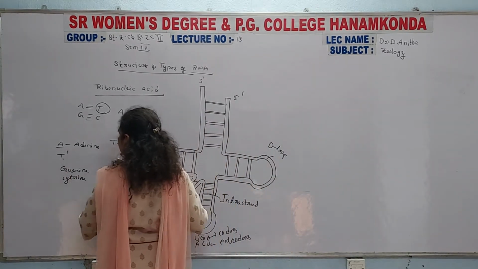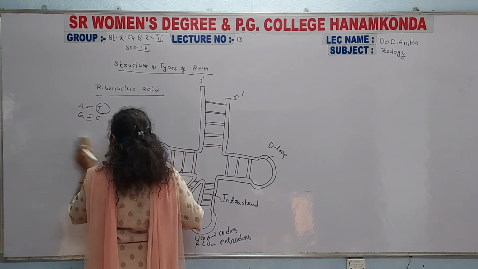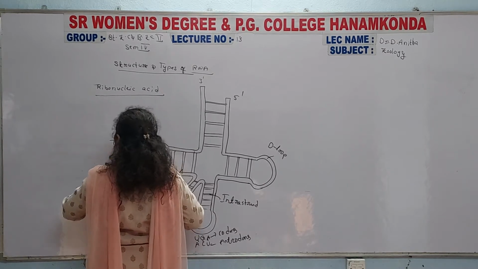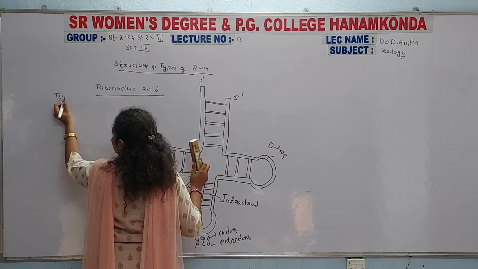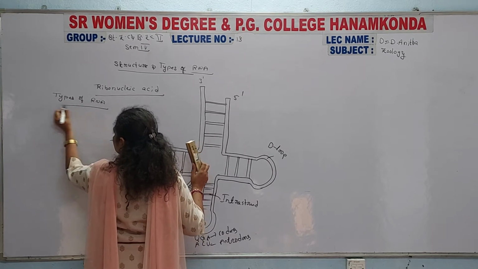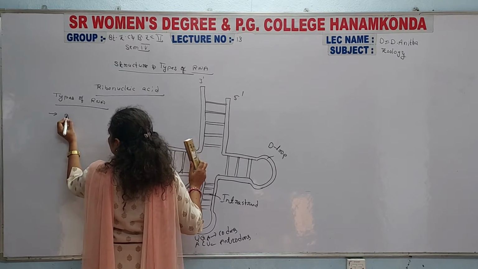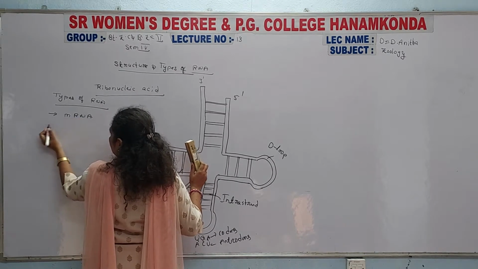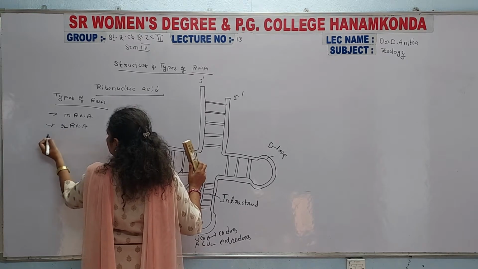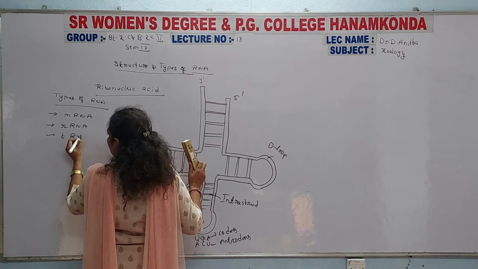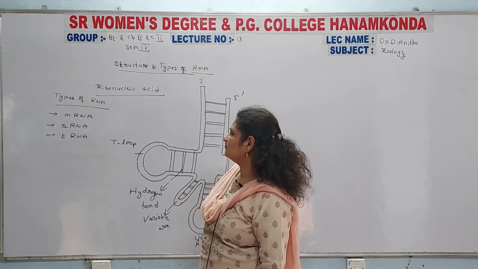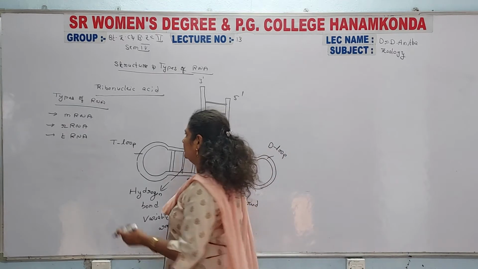And now the types of RNA. Totally RNA has three types, that is mRNA, rRNA and tRNA.